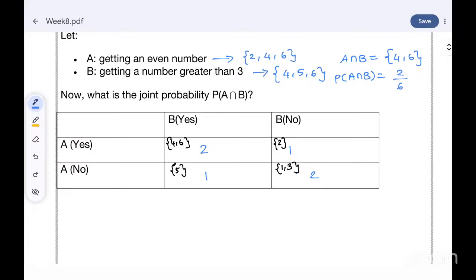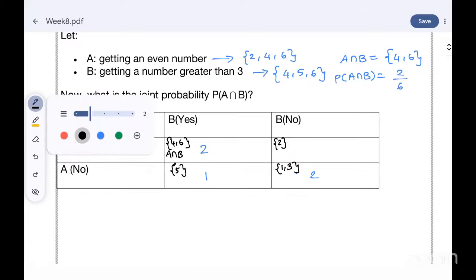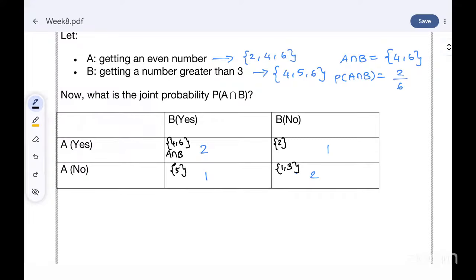All right. So here you see, this place is representing A intersection B. And can you say what this place is representing? A intersection with B complement.